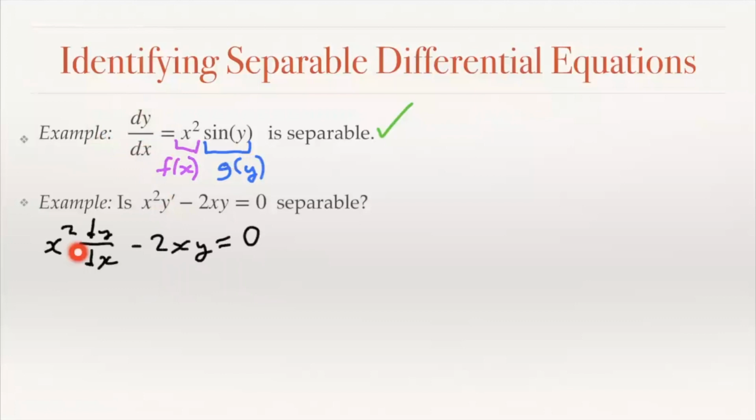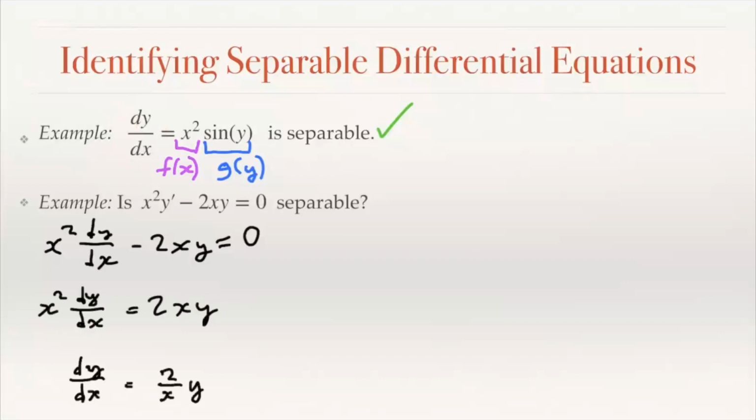We want to isolate that dy/dx, get into standard form. So we have that. And now dividing both sides by x squared, we have 2 over x times y, and that is separable. That's a function of x only times a function of y only.